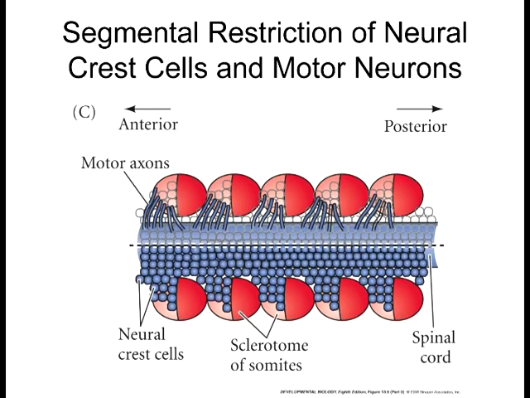So not only do neural crest cells have the ability to migrate because of that, but also the axons, or the growth cones, as the axons start being projected out of the neural tube, the synapse with muscle and other tissues and whatnot are also restricted to this. So in the trunk, the somites, which are mesoderm, play a critical role in influencing the migratory patterns of both neural crest cells and the axons as they're being formed.